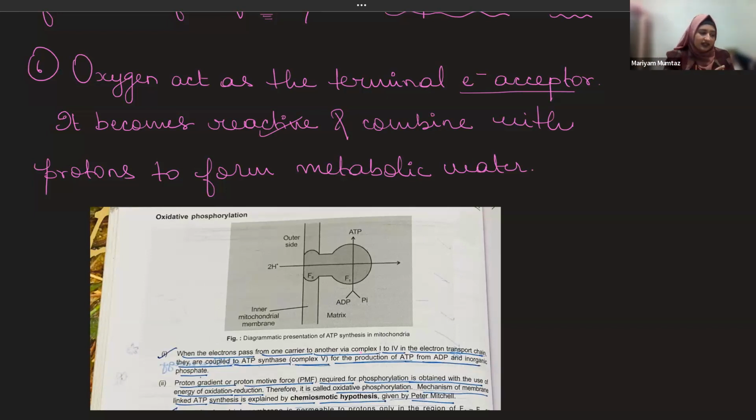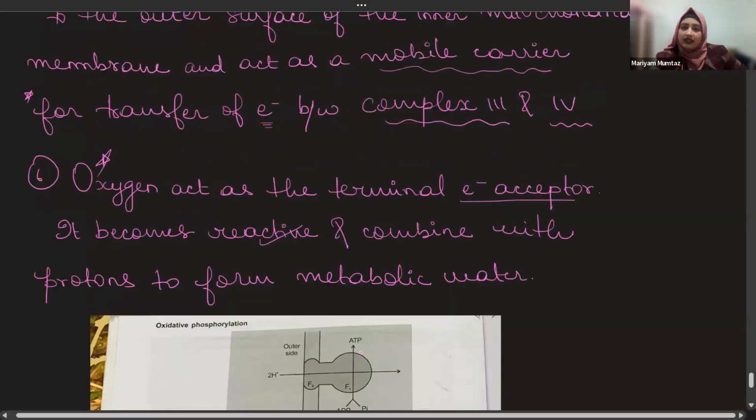So this question also arises: which molecule acts as the terminal electron acceptor? Oxygen. What is formed at the end of ETS? Metabolic water. So ETS is clear?